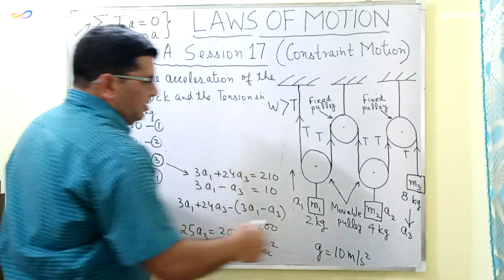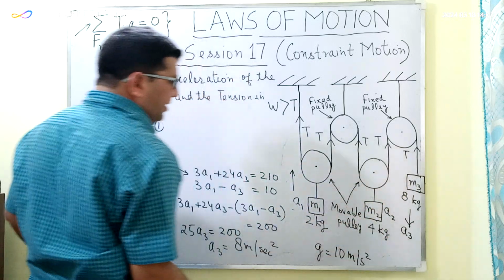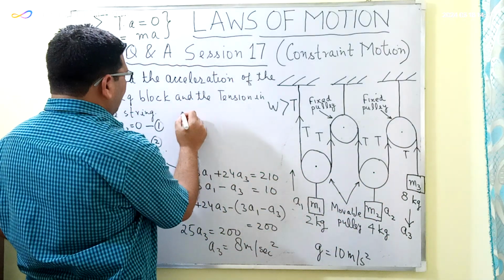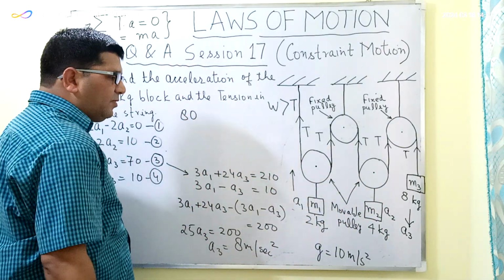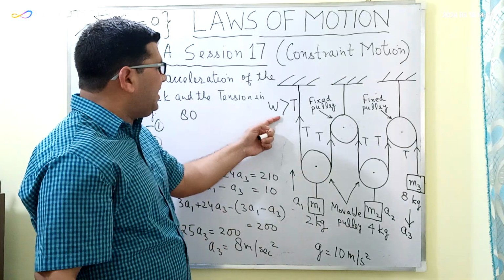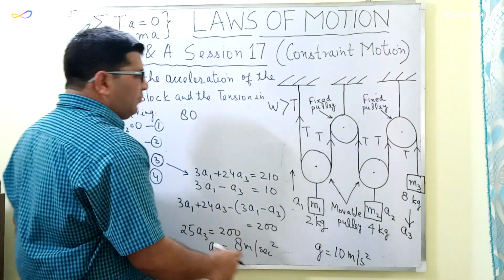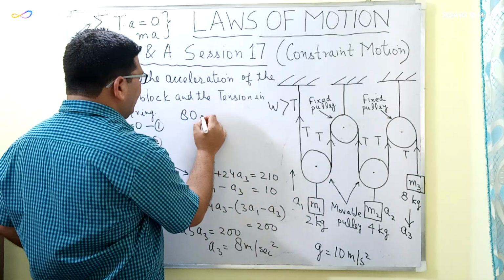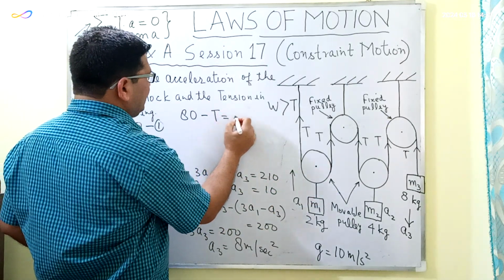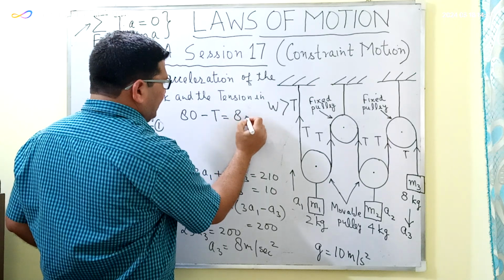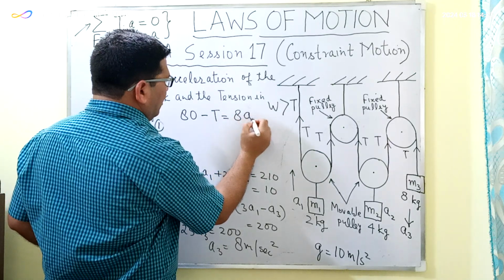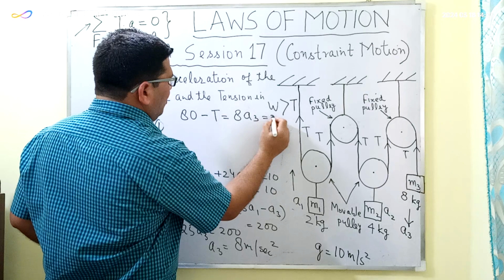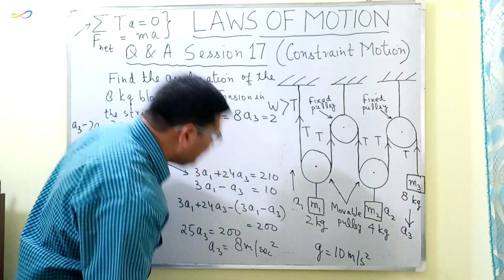Now, let us consider this block again. This block is moving downward, and it will move downward only when the weight is more than the tension in the string, or we can say the net force acting on this 8 kg block is equal to 80 minus T, and this is equal to 8 into A3.